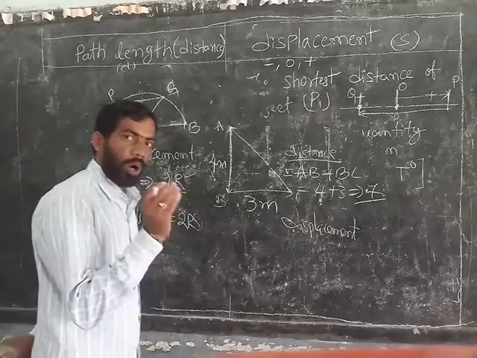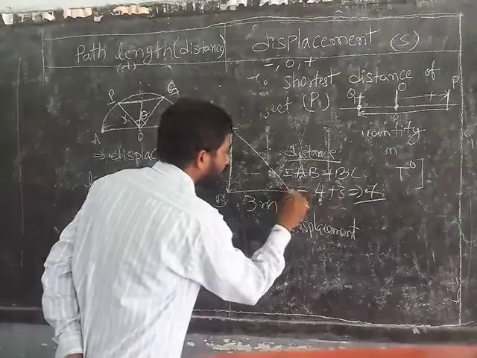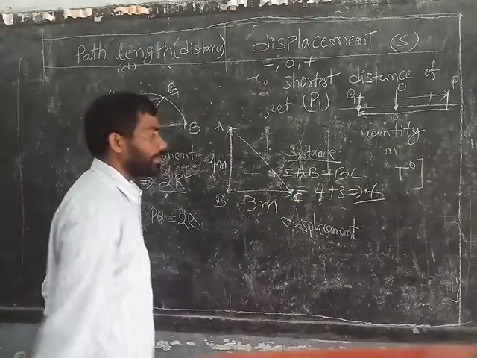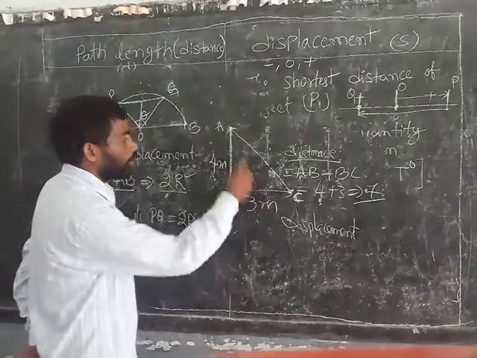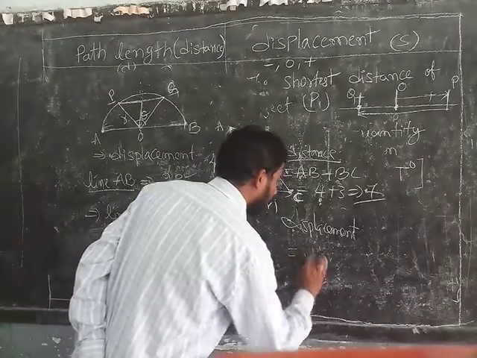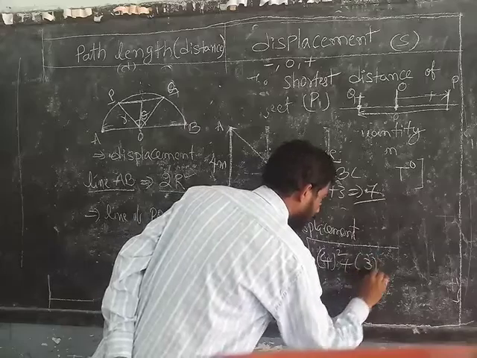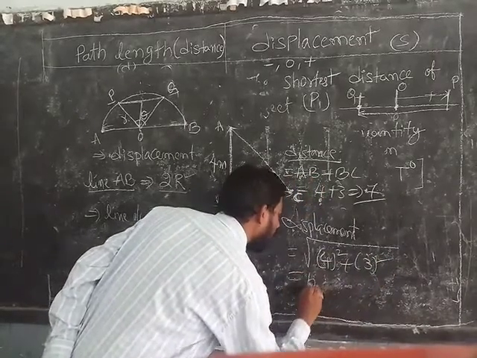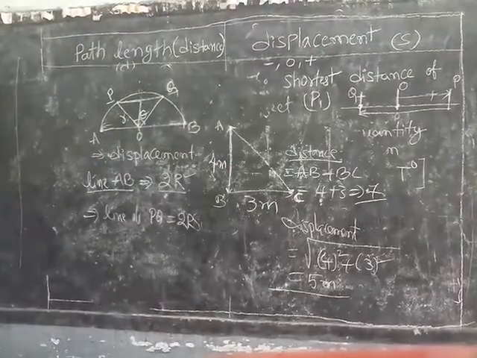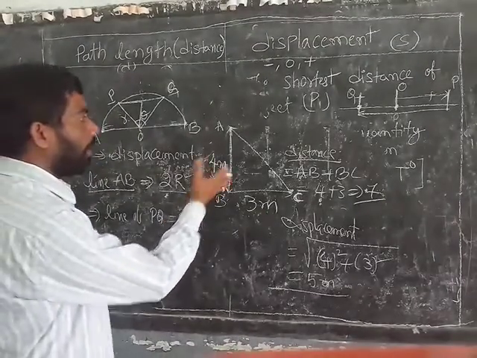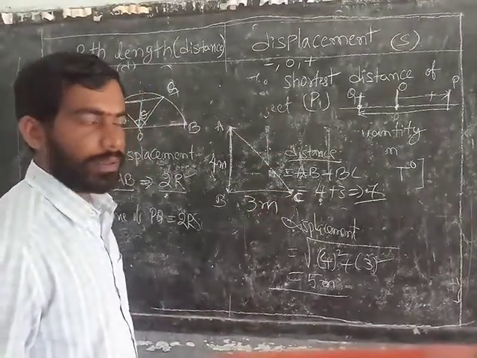So you just take the distance from A to C. This is like a right-angled triangle. So according to this formula, the root of 4 square plus 3 square gives a value of 5 meters. That's the thing. So this is the difference between distance and displacement.